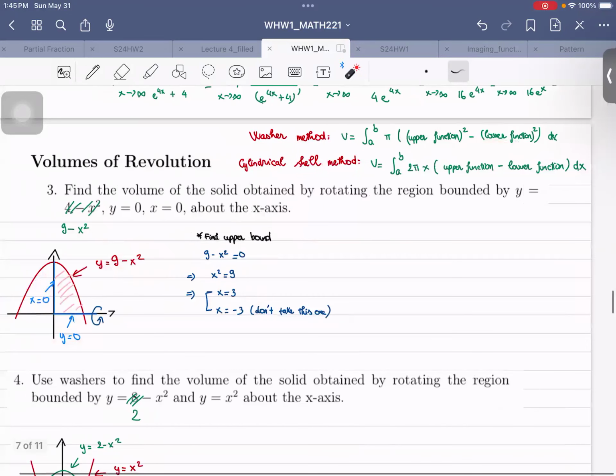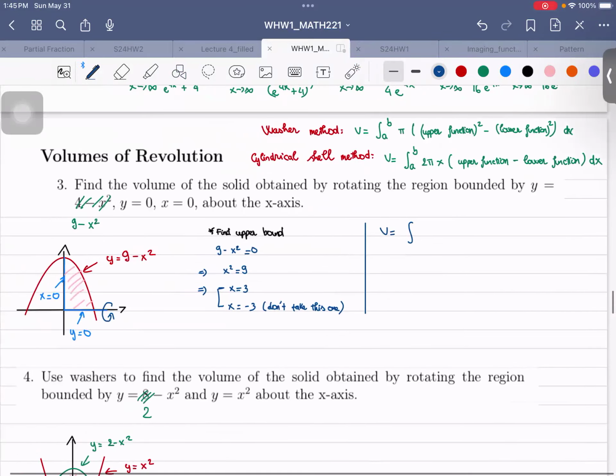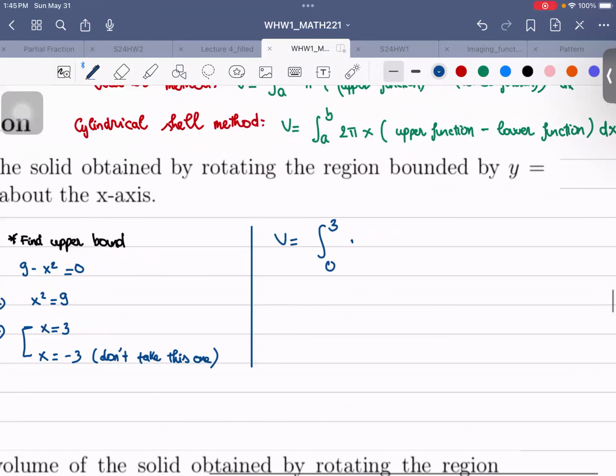Okay, so we have volume equal to the integral from 0 to 3. The Washer method, we have pi multiplied by the upper function squared.